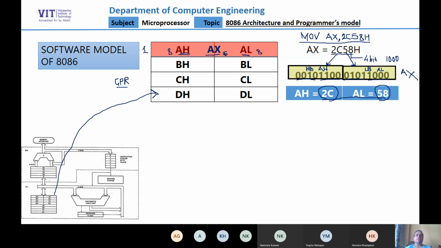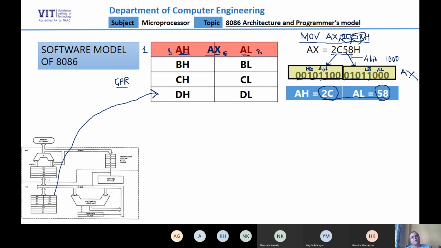What will be those two instructions? I can write an instruction to store only this part into AL and only this part into AH, so that together AX will hold 2C58H. I hope you understood how to load this register with some value. Clear? What is its significance? It can be used as one of the operands while performing arithmetic and logical instructions.